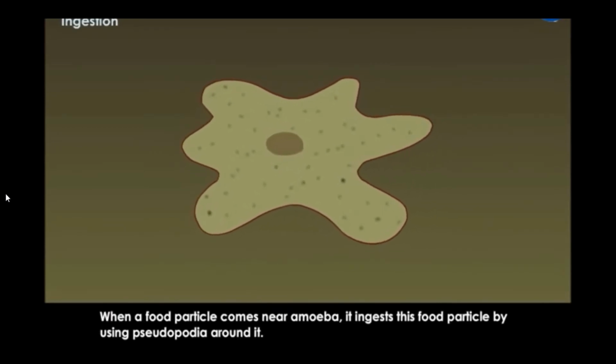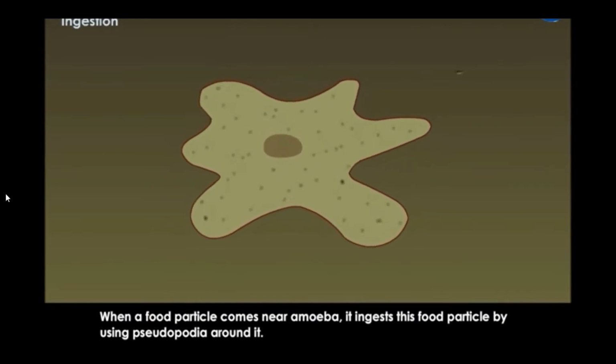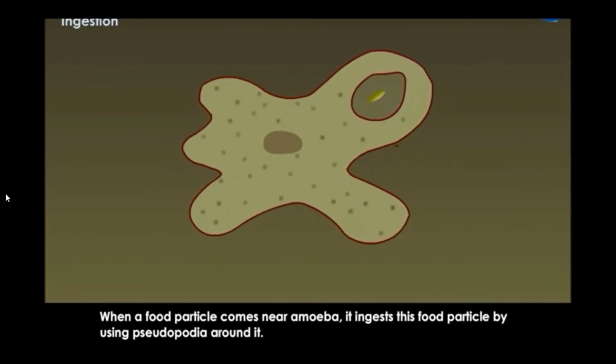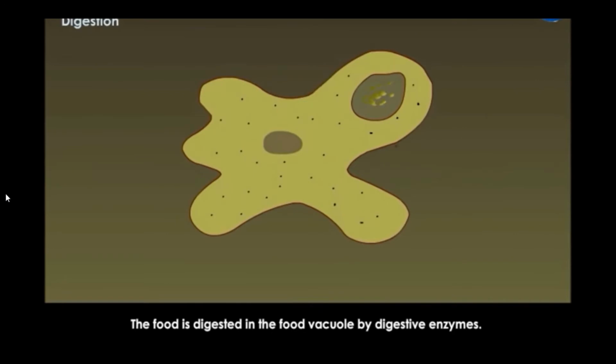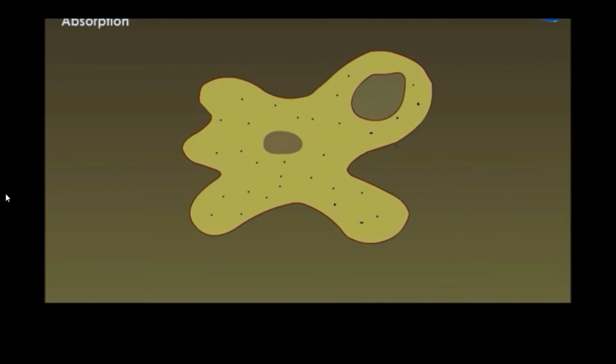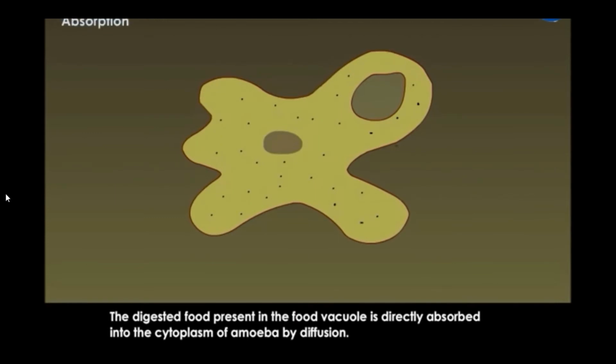First, ingestion. When a food particle comes near amoeba, it ingests this food particle by using pseudopodia around it. Next is digestion. The food is digested in the food vacuole by digestive enzymes. Third is absorption.